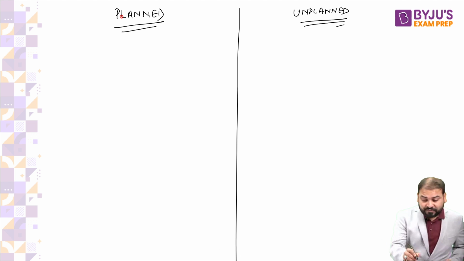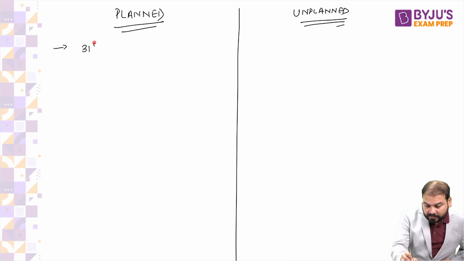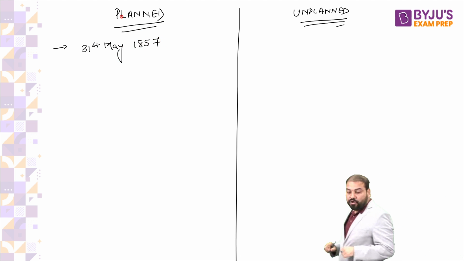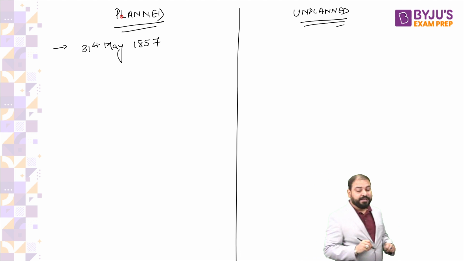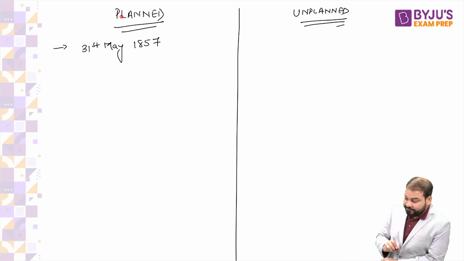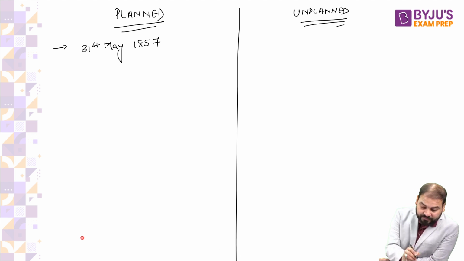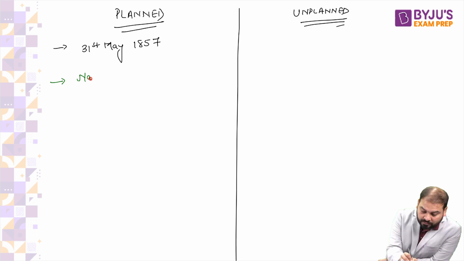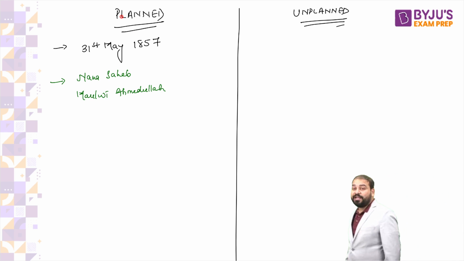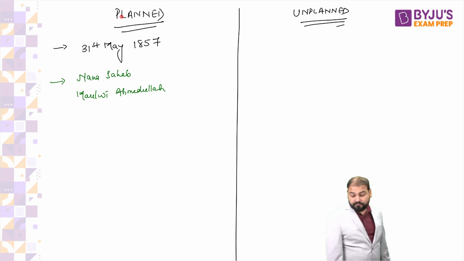So, guys, some historians, they say that this was a planned revolt which had to be started on 31st May 1857. They say that Nana Sahib and Maulvi Ahmadullah, they had planned everything for this revolt.